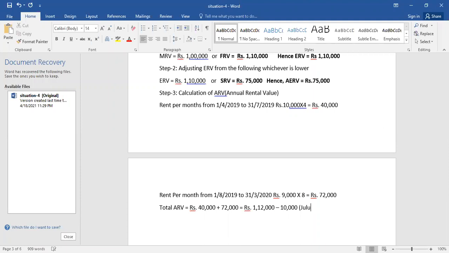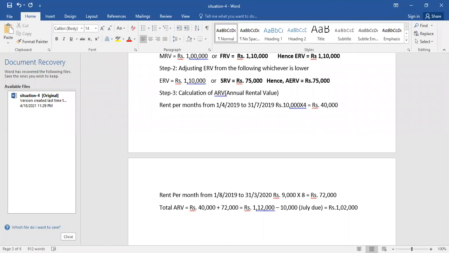Okay. So July she didn't pay, so we have vacated. So we have to deduct. We didn't receive this amount. 1,02,000. So rupees 1,02,000 is the actual rental value for the current assessment here.